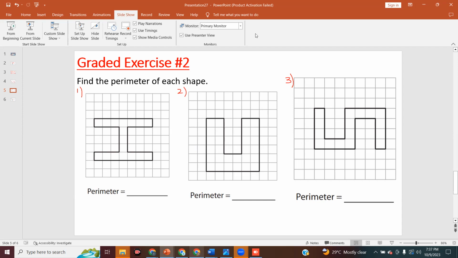All right. Okay. Kavat, what number are you on?